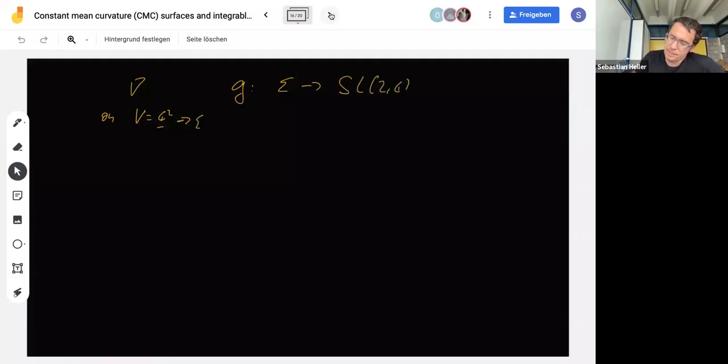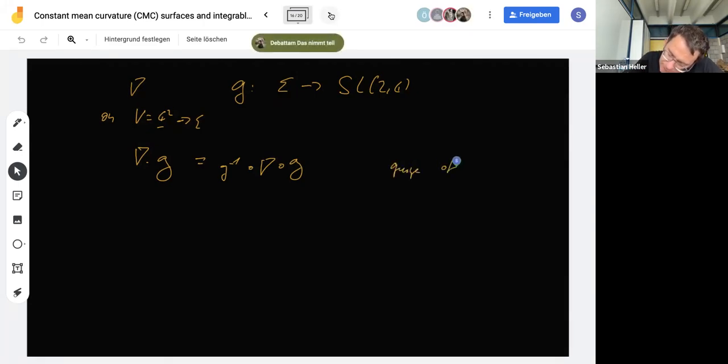And then G acts as a gauge transformation, namely from the right, we can look at the operator which is given by: I take a section, I map it via G to a new section, I apply the operator nabla, and then I map it back via the inverse map G inverse to a section. It turns out that this is a new connection, called the gauge of nabla by G, and denoted by nabla.G.